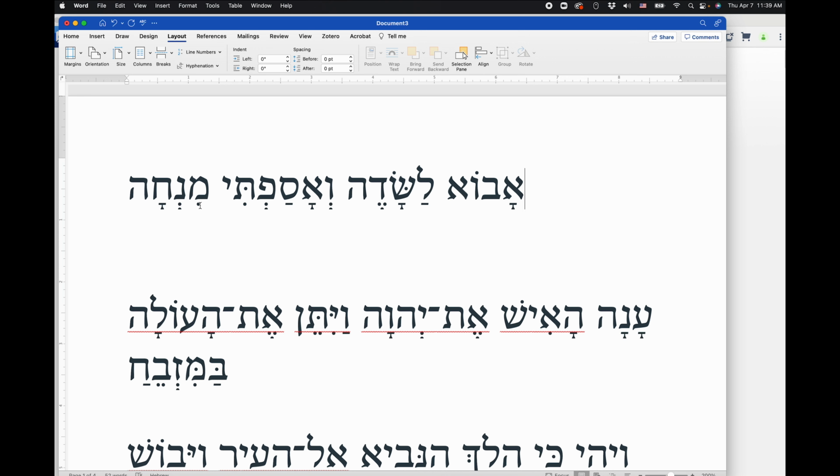Now I'll note that in the answer key on the quiz, the vav here was translated as then, to indicate sequential action. I by no means expect you guys to translate the vav here as then. That is second year stuff.